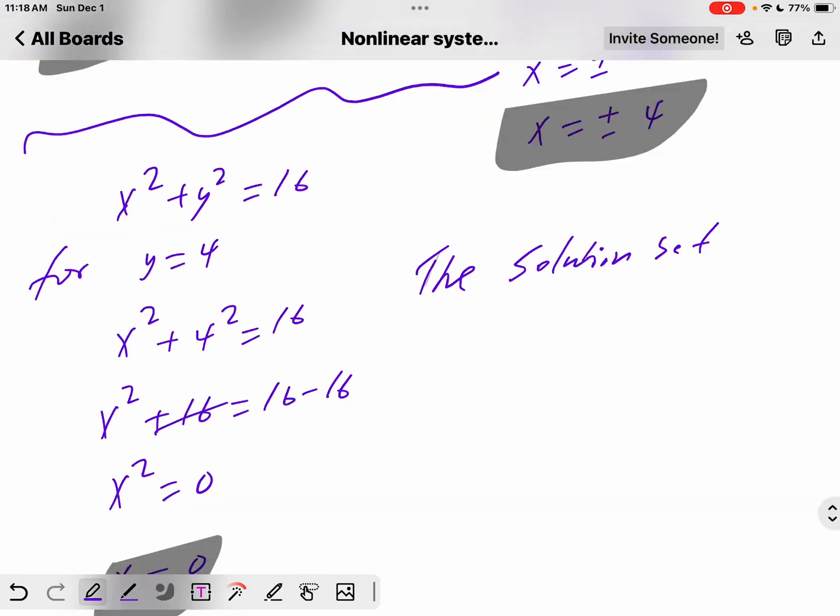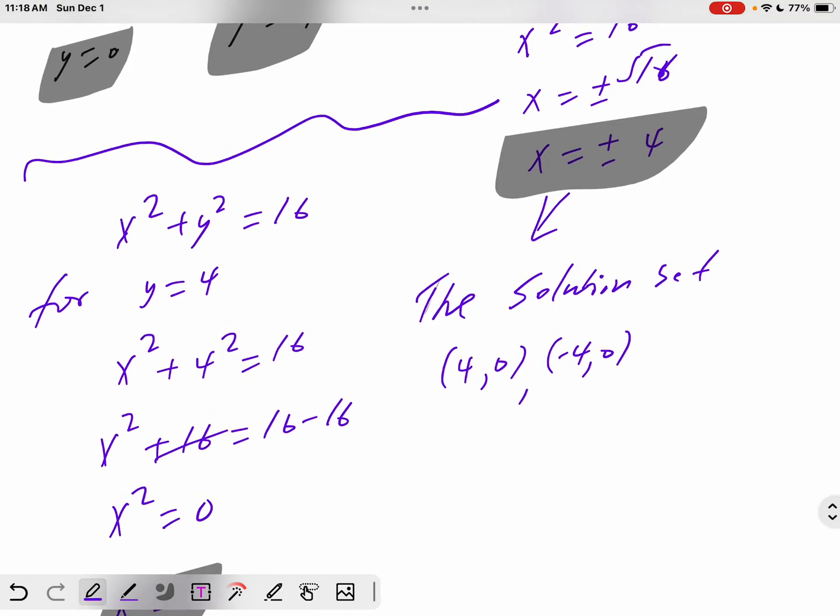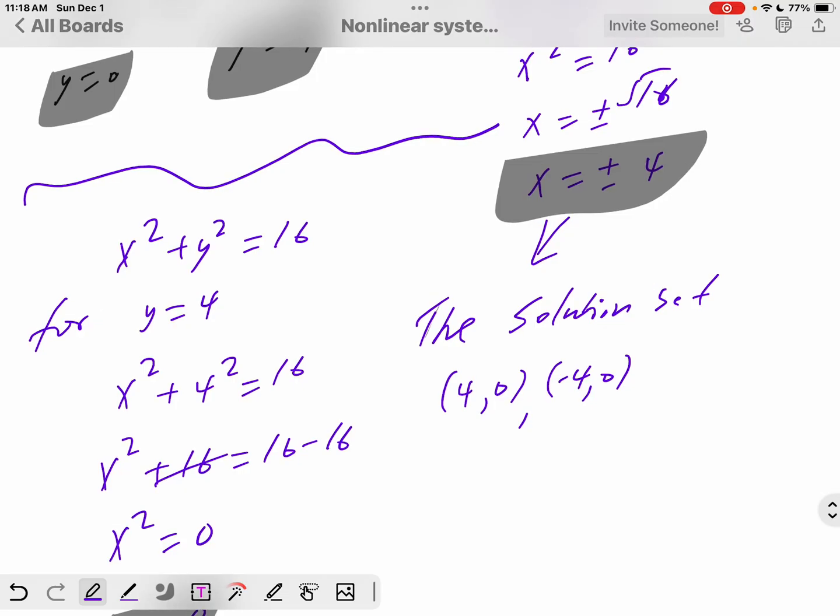Okay, let's try this one. So for this one here, 4 comma 0, negative 4 comma 0. Then we have x equals 0.